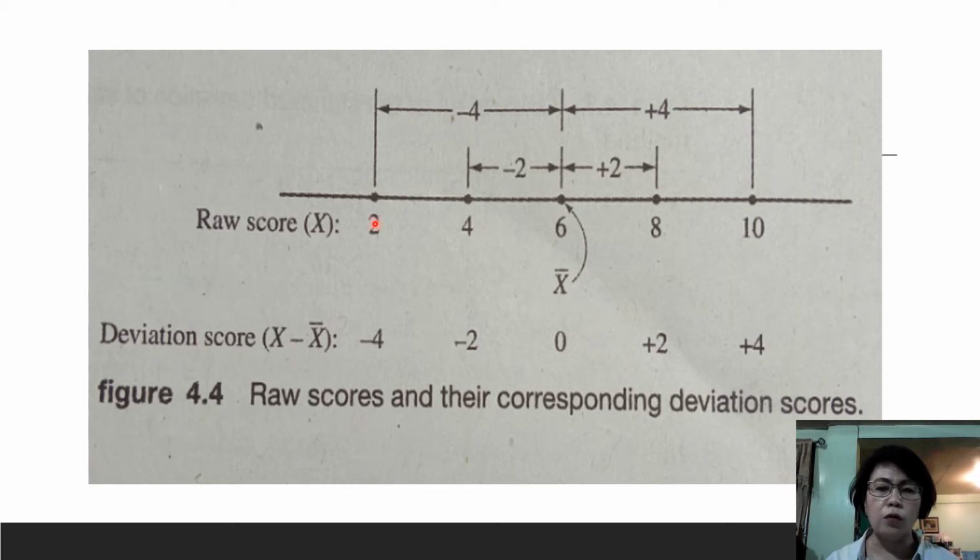For a score of 2, the deviation score is negative 4, which means that the score of 2 is 4 units below the mean. For the score of 4, it means that 4 is 2 units below the mean, as the score of 8 is 2 units above the mean, and the score of 10 is 4 units above the mean.